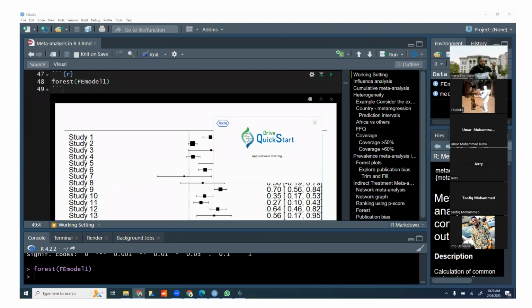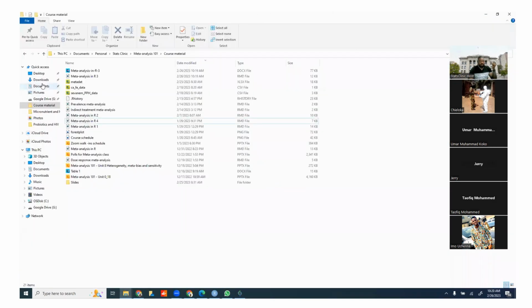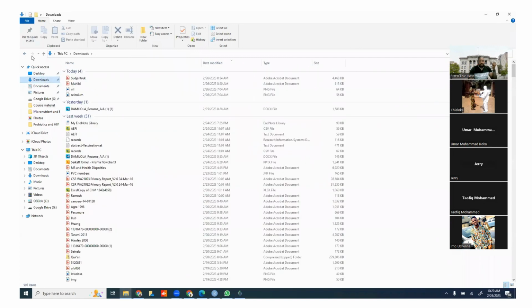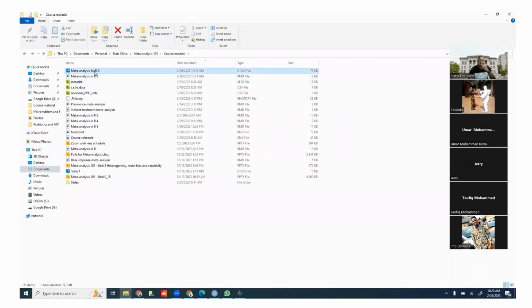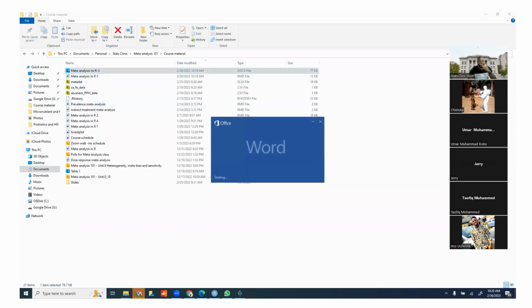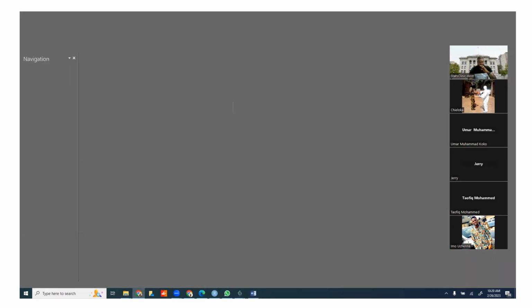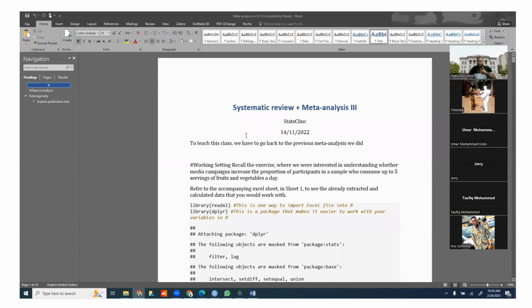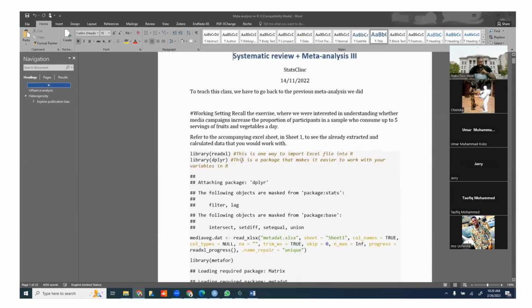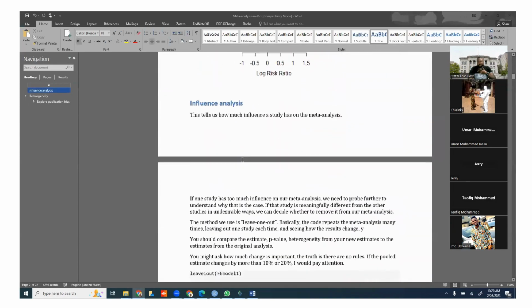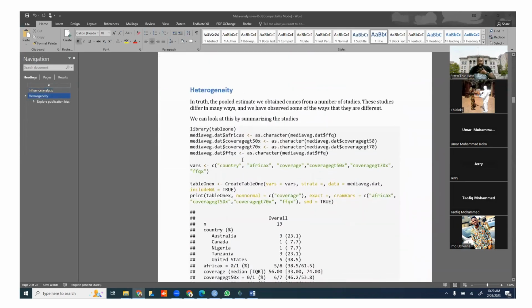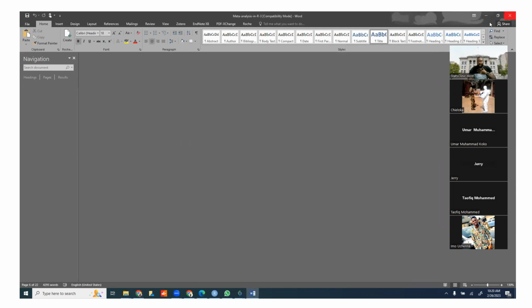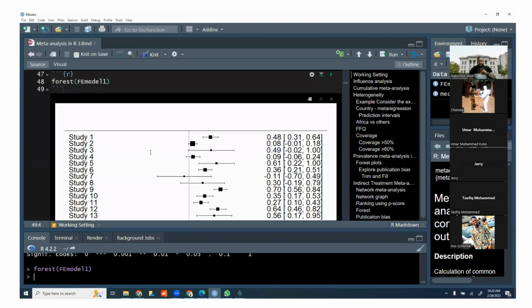Let me show you what the output looks like. Should go to downloads. Oh no, right here. All right. So this is what it looks like when you knit. But I'll go back and walk you through how we get here. I think that's an important question that we should have addressed at the beginning.